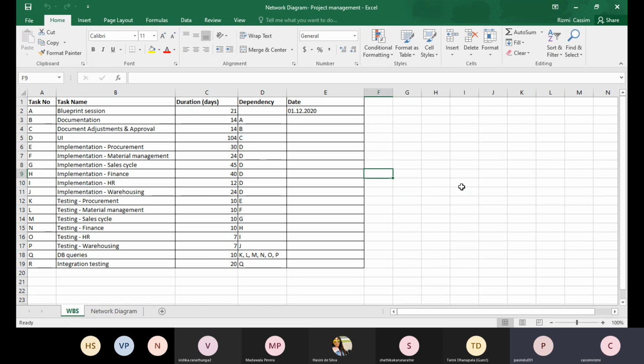Okay, that's the difference. But whatever method you select, it's two different schools of thought, and you still arrive at the same network diagram, same result at the end of the day.